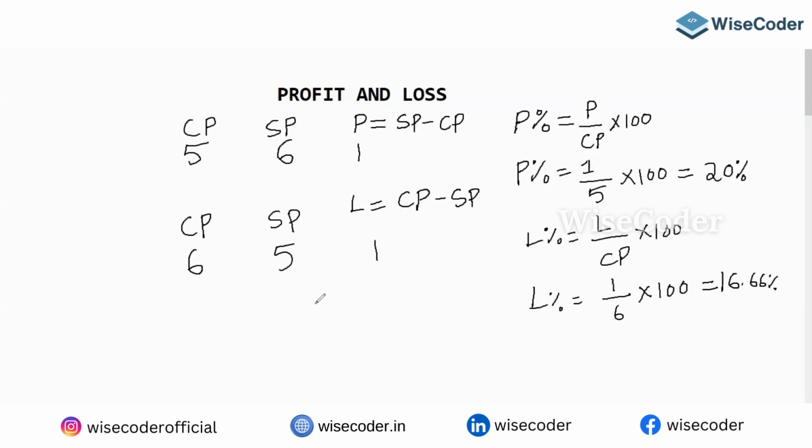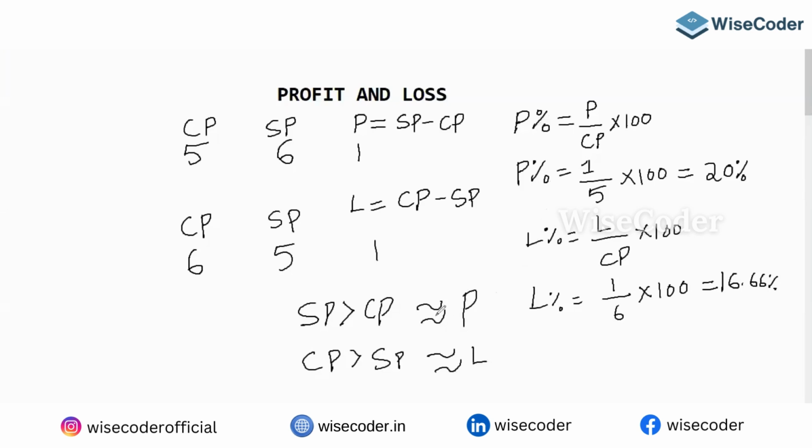So I can say when SP is more than CP, you are in profit. When CP is more than SP, this will lead you to get a loss.